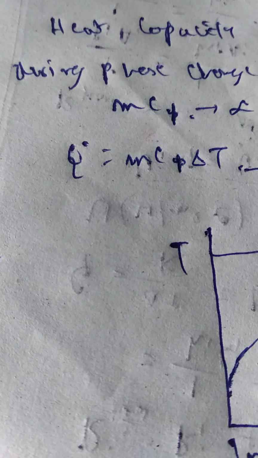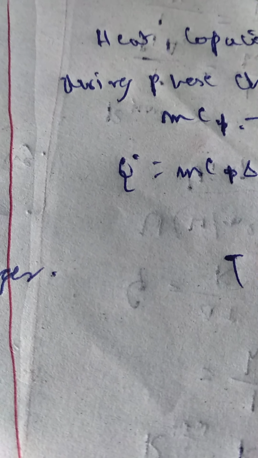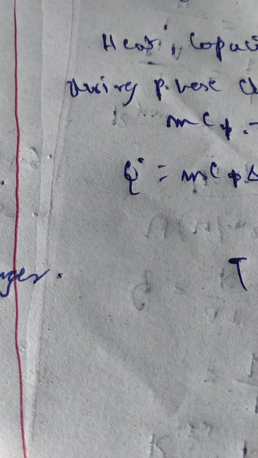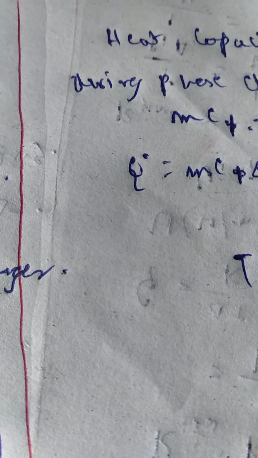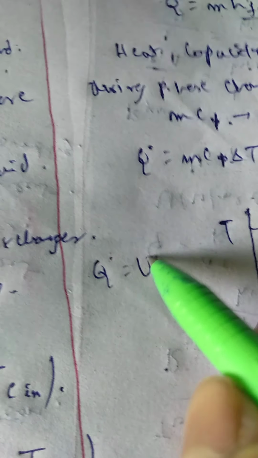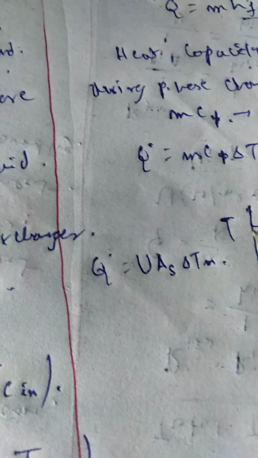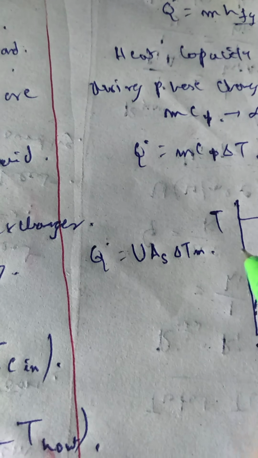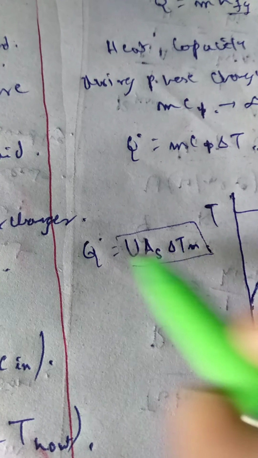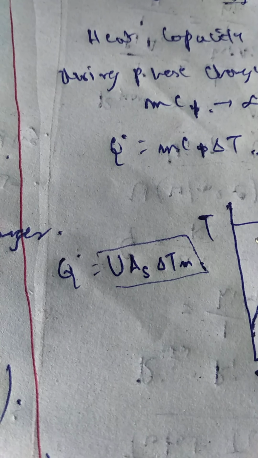So I hope this is clear to you. The rate of heat transfer in a heat exchanger can be expressed in a manner analogous to Newton's law of cooling as Q = U A delta Tm. Here delta Tm is the appropriate average temperature difference between the two fluids.